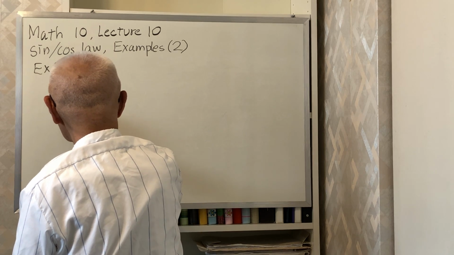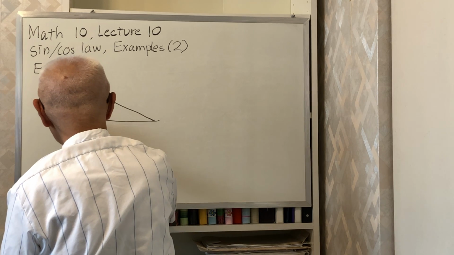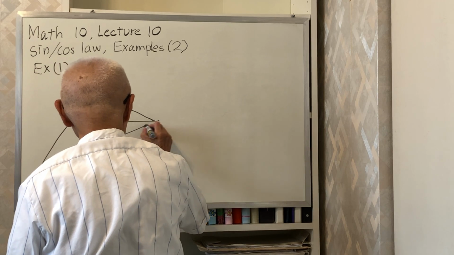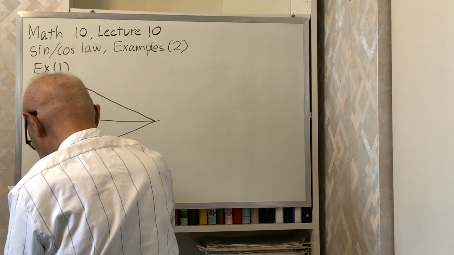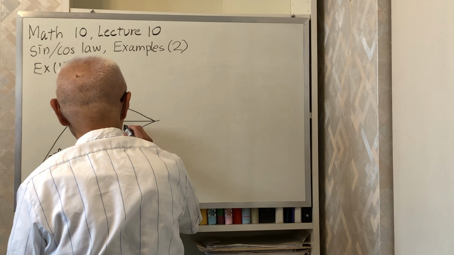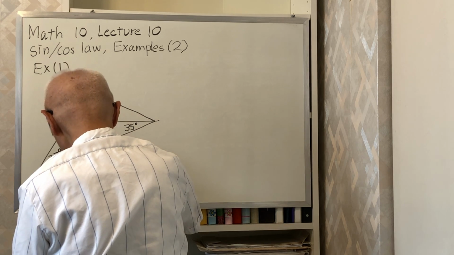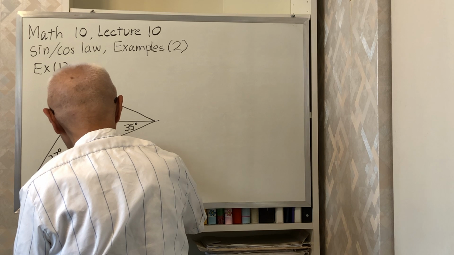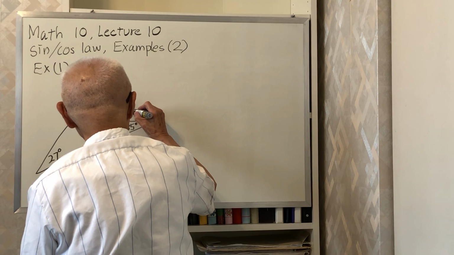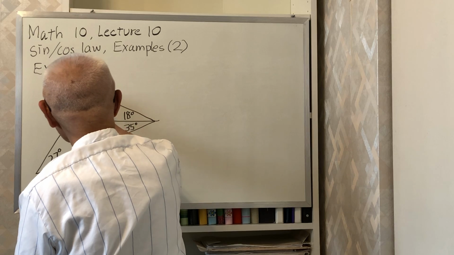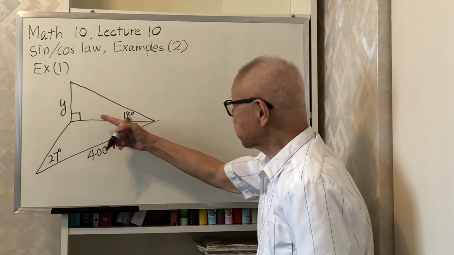I have a right triangle with an 18 degree angle, and another triangle which is not a right triangle.